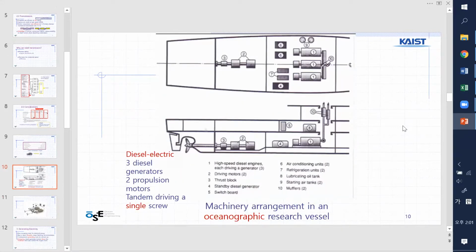And this is a machinery arrangement in a research vessel; Navy ships are similar. So this is diesel electric power. There are three diesel engines, number 1. The diesel engines produce electricity, and number 2 is the motors, which give you propeller rotation. So that is one way of electrical propulsion.